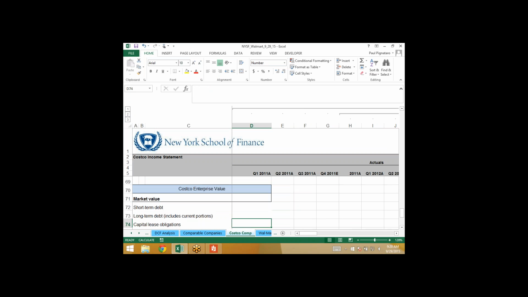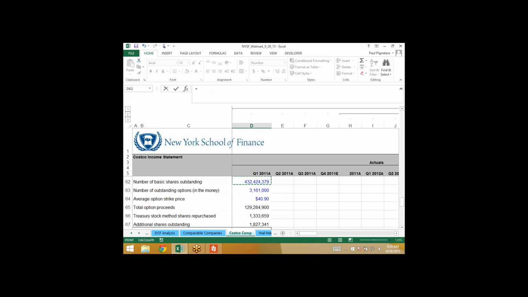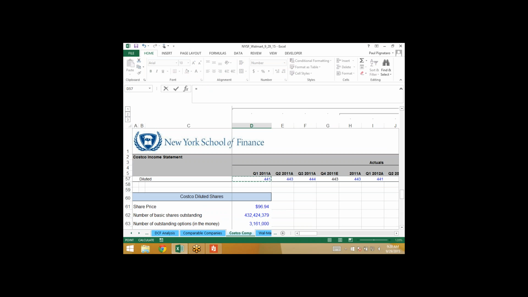So under here, I have a box where you can calculate market value and enterprise value. You should have this for every comp, where market value is simply the number of shares outstanding times the price per share.